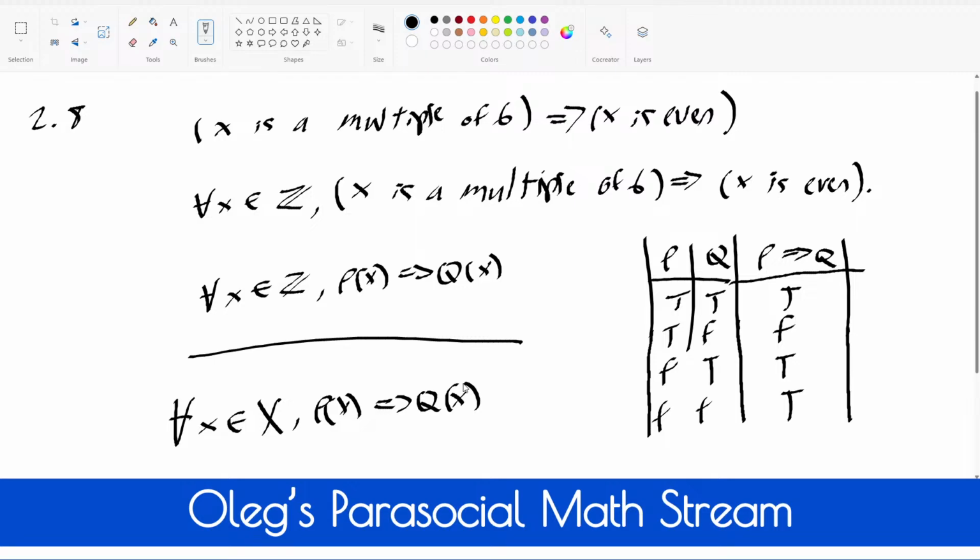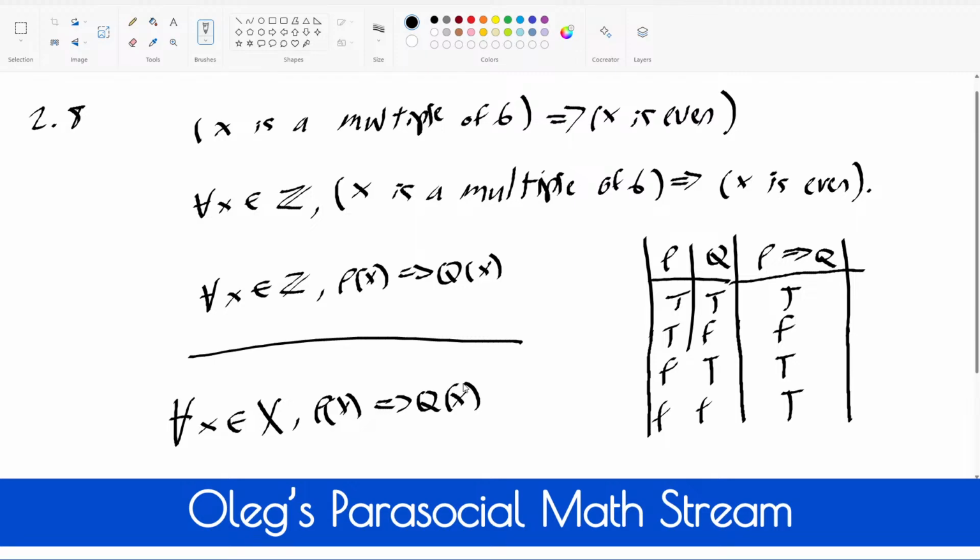In other words, if a conditional statement is not explicitly quantified, then there is an implied universal quantifier in front of it. This is done because statements of the form for all x members of the set X, P of x implies Q of x are so common in mathematics that we get tired of putting for all x members of the set X in front of them.